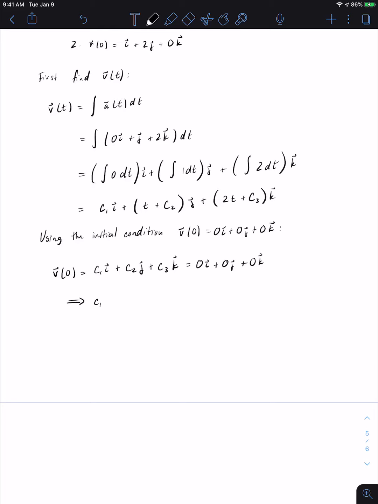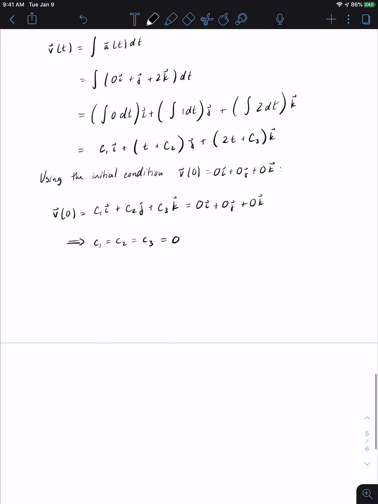That means that c1, c2, and c3 are all equal to 0. Therefore, my velocity function is just 0i plus tj plus 2tk. So that is my velocity function.